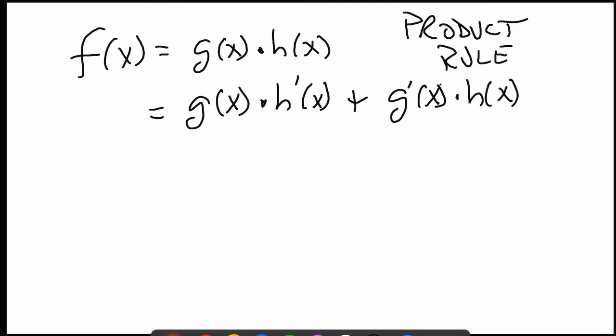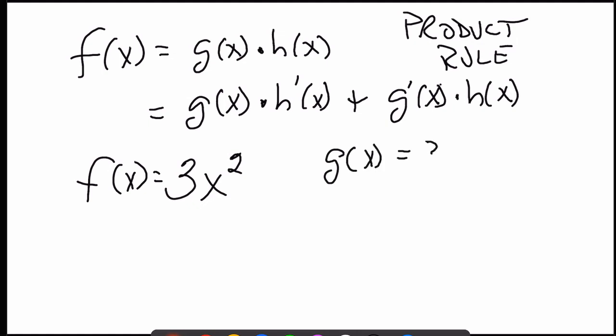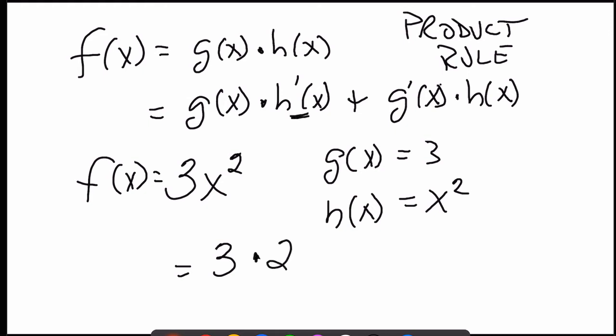All right, simplest one possible, 3x squared. That's f(x). That means g(x) equals 3, and h(x) equals x squared. So g(x) is 3 times the first derivative of h(x), which is 2x, plus the first derivative of g(x), the 3, which is 0, times x squared, means I get 6x. In other words, I pulled that down.